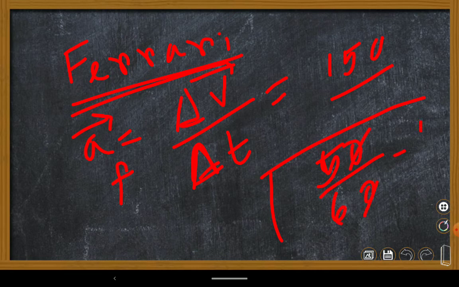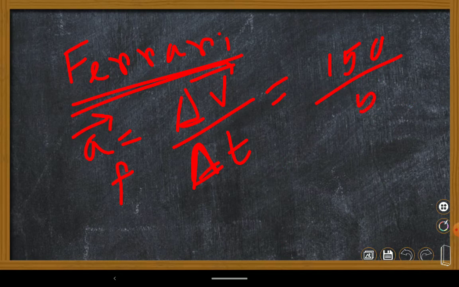So we get 5 by 6 after converting second to hour. We changed it because we are dealing with SI units. So we got the time as 5 by 6 hour, and this is kilometer per hour.